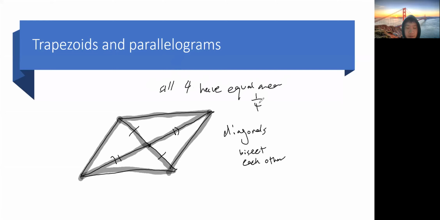Okay? So what else is there? So actually, these 2 triangles are going to be congruent. Let me draw it in with a different color. These 2 triangles are congruent, which means they're the exact same, right?